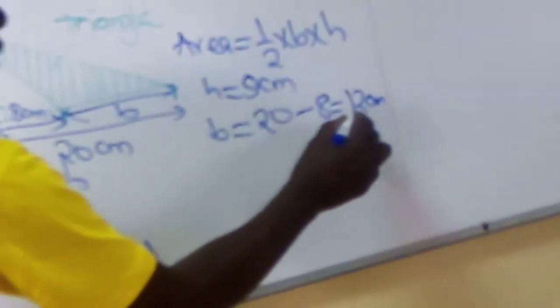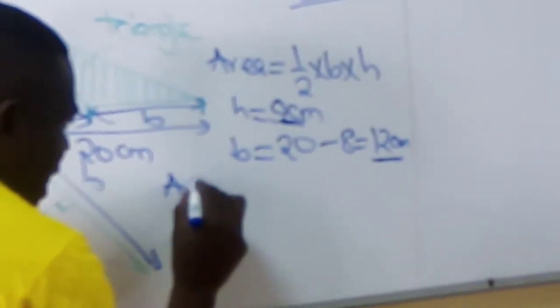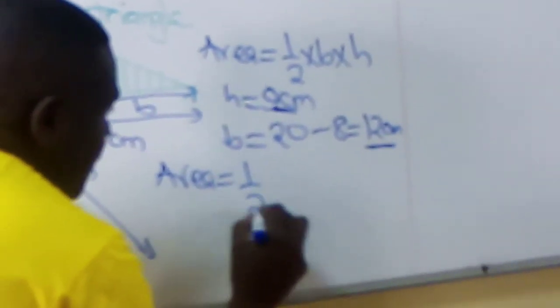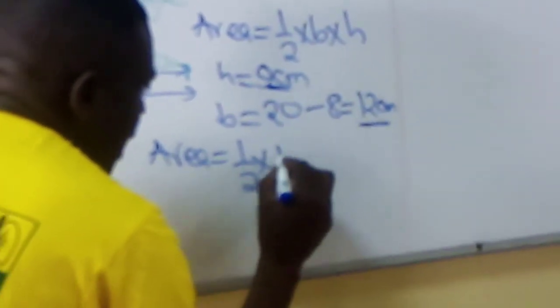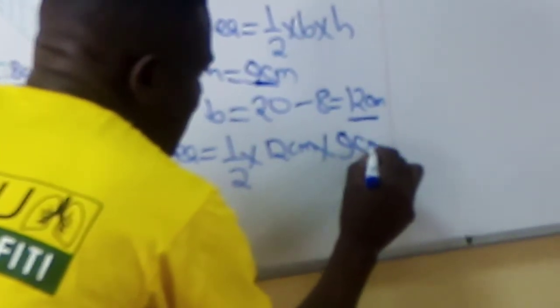So now, after knowing the base and you know the height, you can substitute it in the formula to get the area.